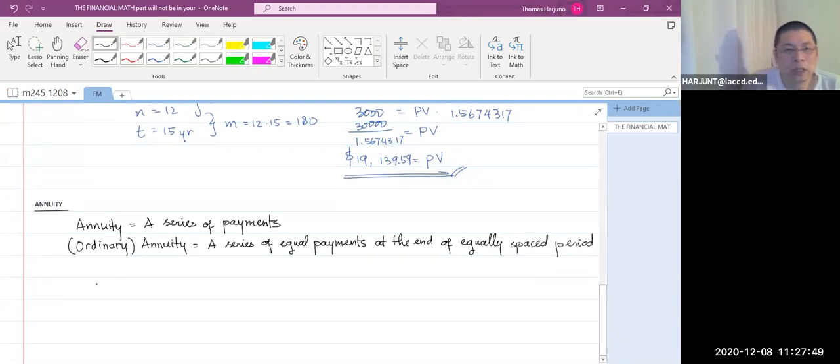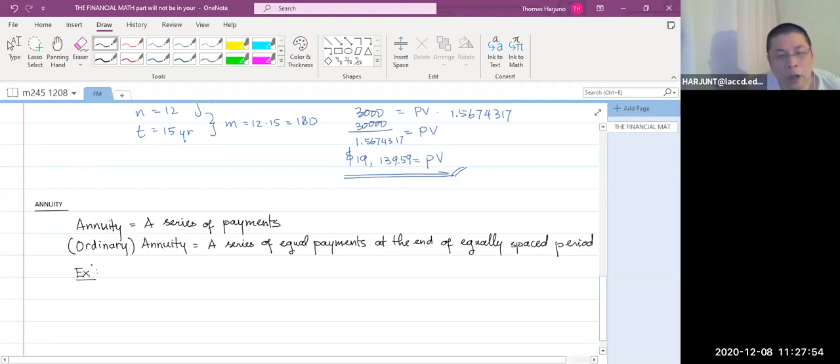What I'm talking about is like this. For example, ordinary annuity is that I put the annuity A, like $500, let's say, at the end of every month. So every month, at the end of every month, I put in $500.